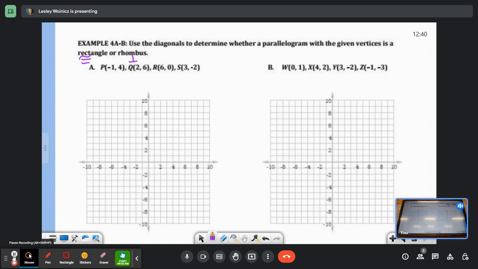So let's figure out what's going on with these. Okay, so -1, 4, that's P. Q is at 2, 6. R is at 6, 0. S is at 3, -2.